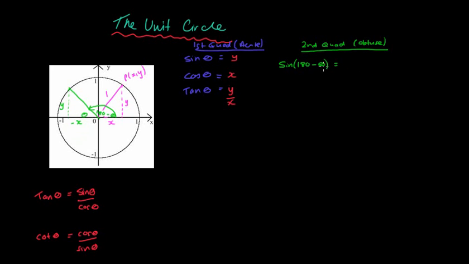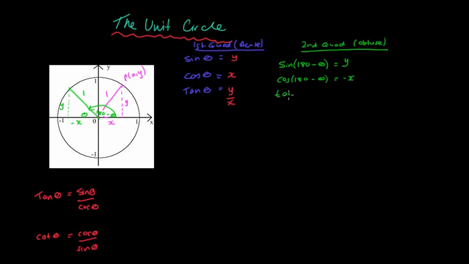So let's have a look at sine theta to start off with. Sine theta is opposite over hypotenuse, which is y over 1, which is just y. Cos of 180 minus theta is equal to adjacent over hypotenuse, which is minus x over 1, which is just minus x.